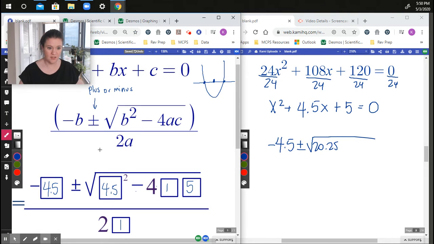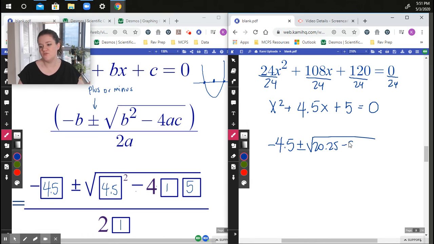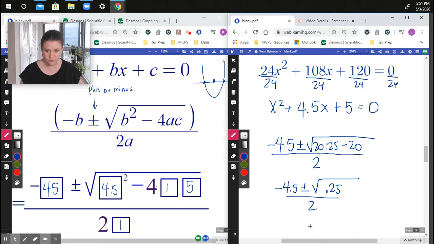And then minus 4 times 1, which is negative 4, times 5, which is negative 20, all over 2 times a, which is 2. 2 times 1 is 2. So we have negative 4.5 plus or minus the root of 20.25 minus 20 is 0.25, all over 2.